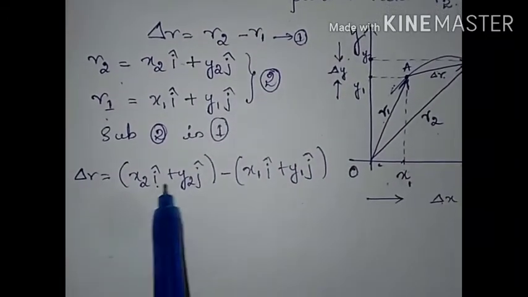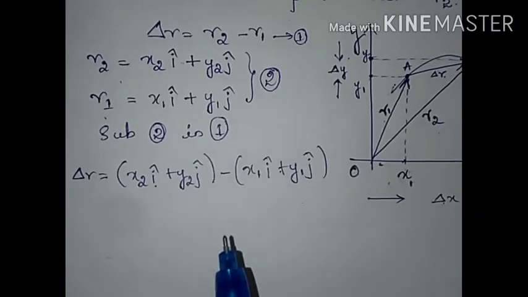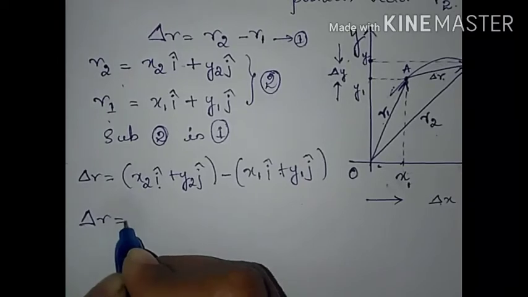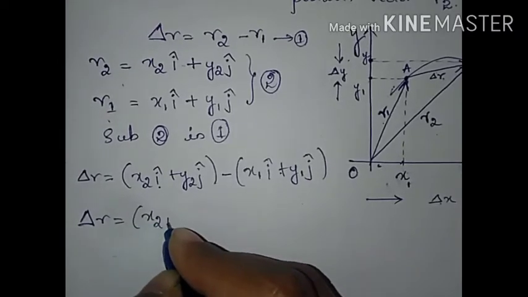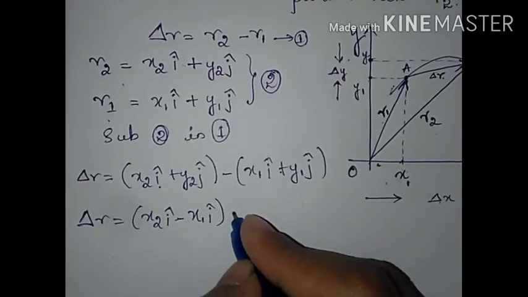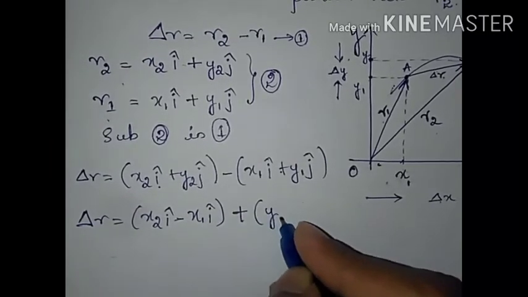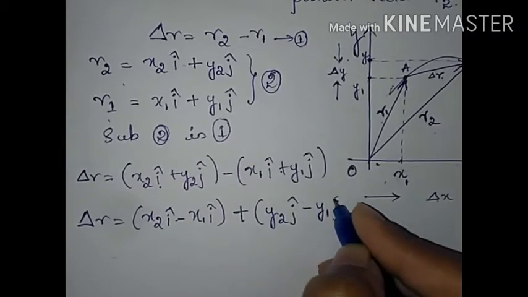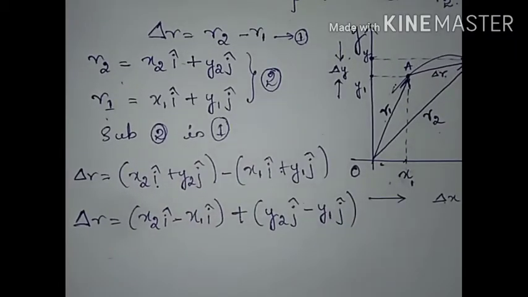So you have I cap here. So separate the I cap terms. Delta r will be what? x2 I cap minus x1 I cap plus y2 j cap minus y1 j cap. So you have two terms.